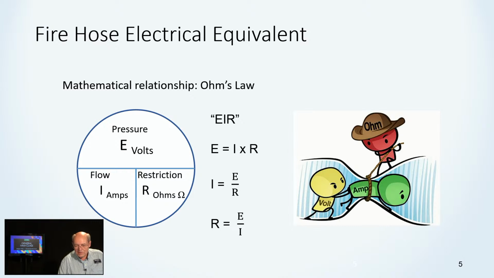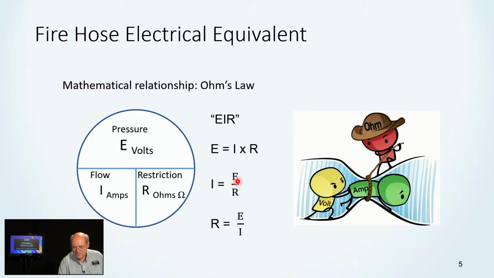And the way that this works, and I know Gary had mentioned this in his Technician course, if you want to know something, you put your thumb over it. Like if you put your thumb over this one, you want to solve for volts. What's remaining is the formula, I times R. So E equals I times R. And for anything else, if we cover up the I, that's E over R.